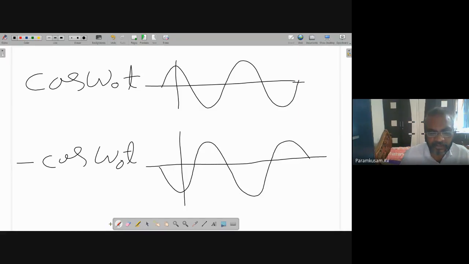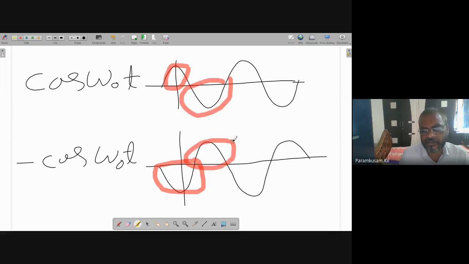See here, when it is positive half cycle, then you will get negative half cycle. If it is a negative half cycle, then it is positive half cycle.